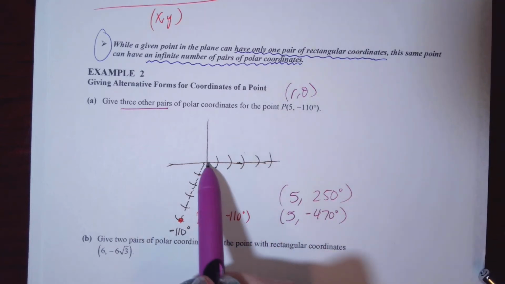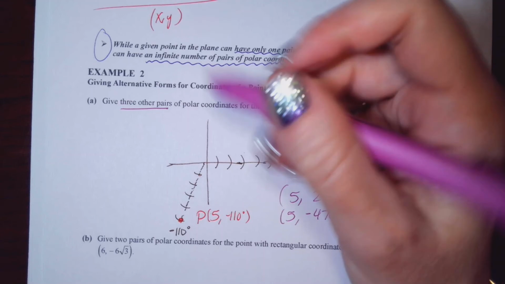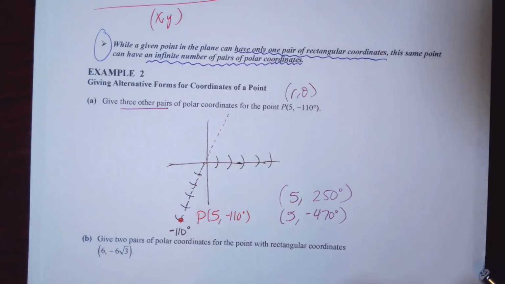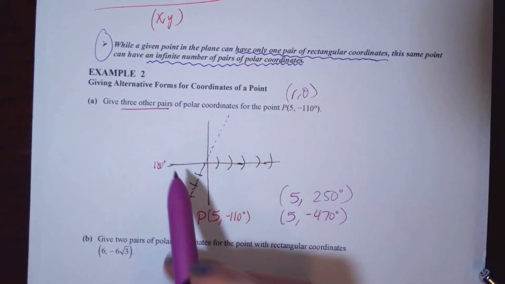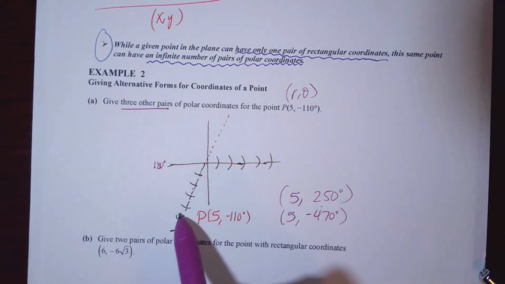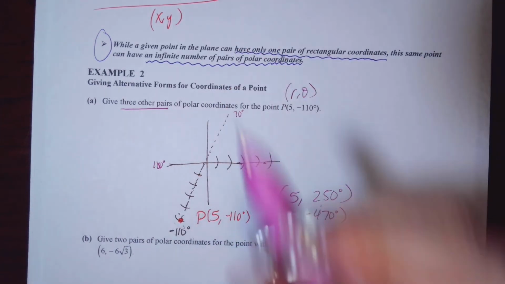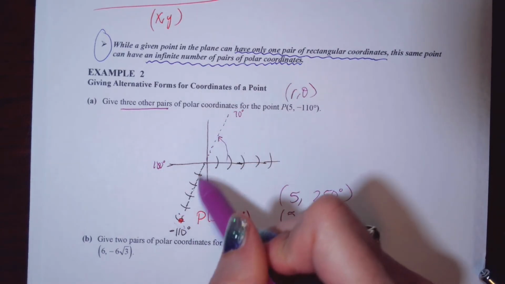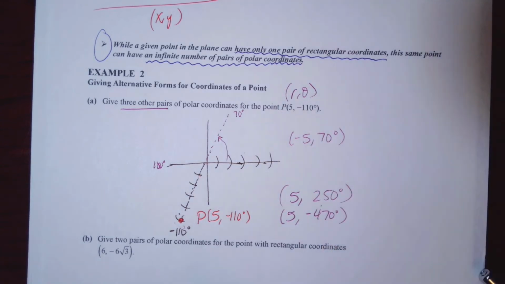So if I start at my polar axis and rotate in a positive direction, that puts me here. If I think about that back side, this is 180. To get to 250, that's another 70 degrees, which means this is going to be 70 degrees if I rotate in a counterclockwise direction. And if I move backwards here, that's going to be a negative 570. That's a third possibility.